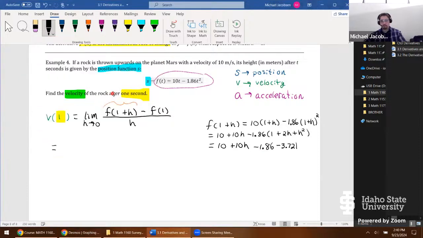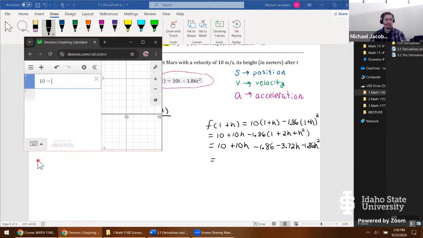Then lastly, minus 1.86 h squared. So still we have like terms. We have 10 minus 1.86. Let's call our calculator back. 10 minus 1.86. That's going to give us an 8.14 for the constant term.